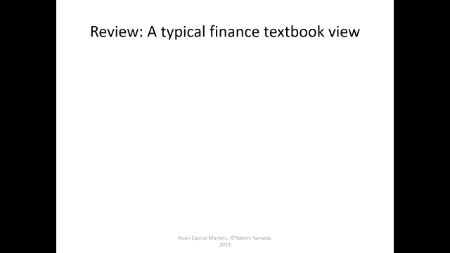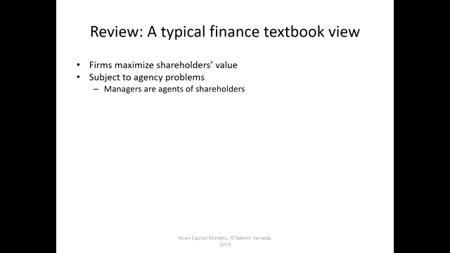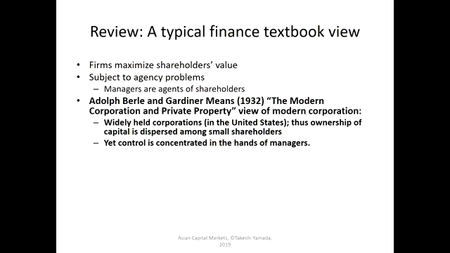Okay, so this is just a review of the typical finance textbook view, which is that firms maximize shareholders' value, but there are agency problems. The standard view of finance textbooks is this, as I said, it's the Berle and Means book. So their view is that ownership is dispersed. There are so many shareholders, you can say many small shareholders.